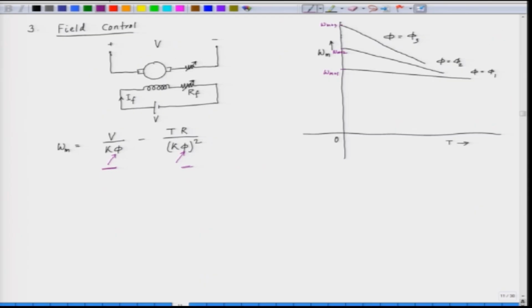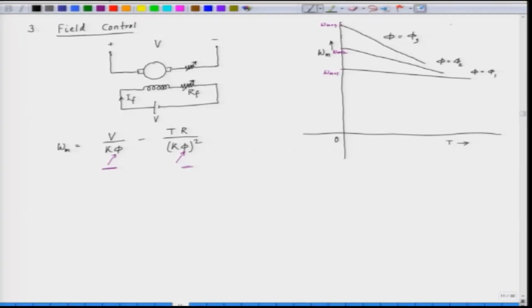Now, this way of control is applied beyond the rated speed. When we decrease the field, in this case phi 1 is greater than phi 2 is greater than phi 3. So, when we reduce the field, the speed increases, and this method of speed control is employed for higher speed.